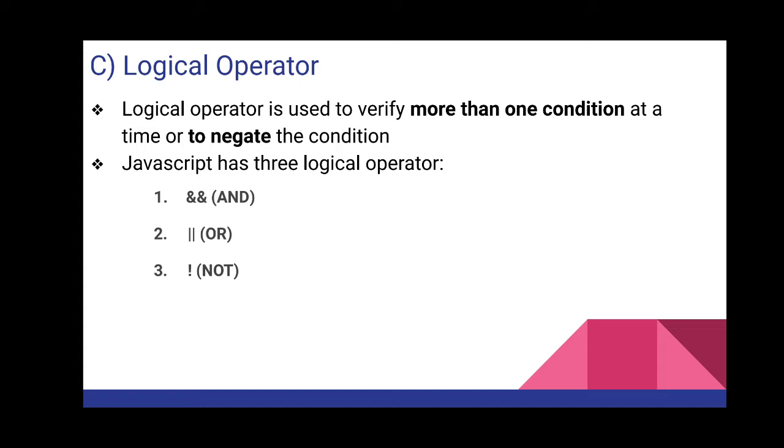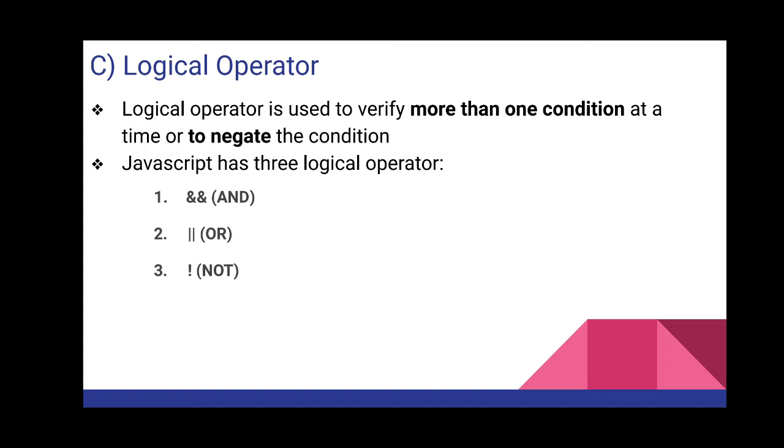Previously we saw that the relational operator is generally used for checking a single condition. But when you want to check multiple conditions, meaning more than one condition, that time we require logical operators, right? So when we have to check more than one condition, that time logical operator is used, as well as when you have to negate a condition. Now what is a negate condition?